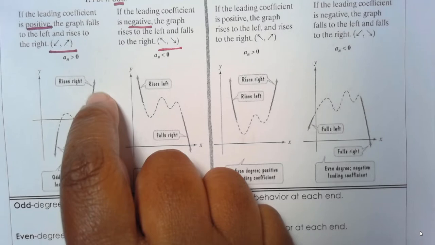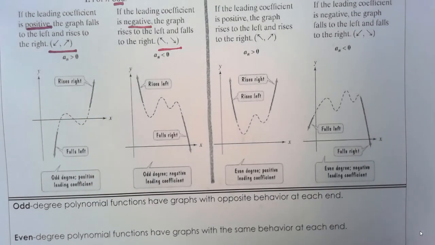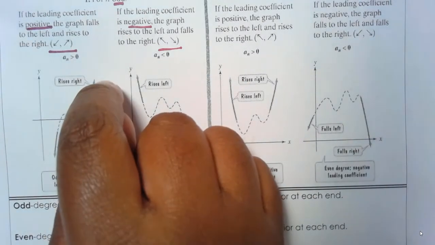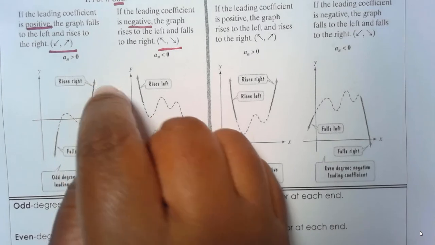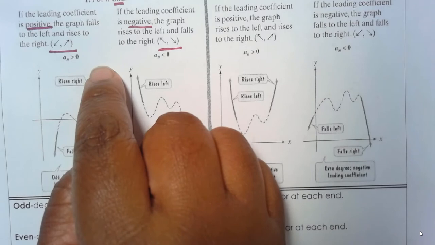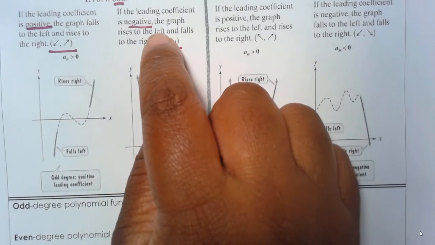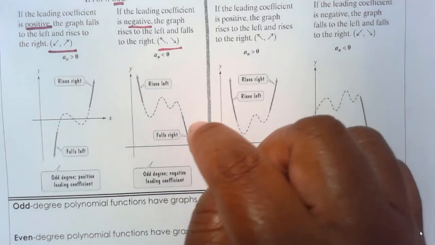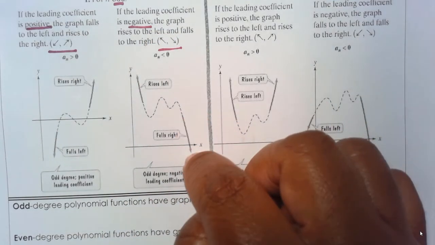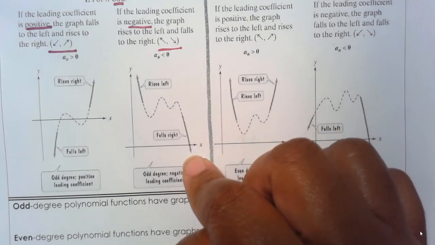Here again, when the degree is an odd number, your ends are going to be in opposite directions. So when it's positive, look at the far right end behavior, it should be in the positive direction. When the leading coefficient is negative, here again, you look at the graph to the far right, and it should fall, going in the negative direction.